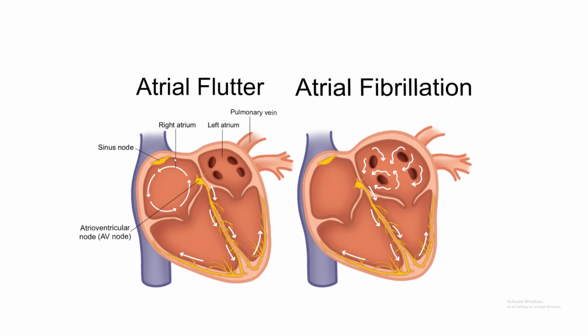And it has the same concept of one side depolarizes fast, repolarizes slow, and one side repolarizes fast, depolarizes slow. So this impulse gets caught in a rapid cycle, which creates what's called flutter waves in both atria, and it causes the atria to flutter, hence the name atrial flutter.